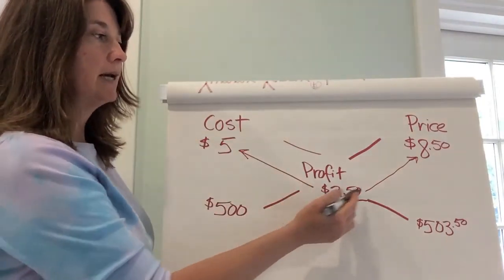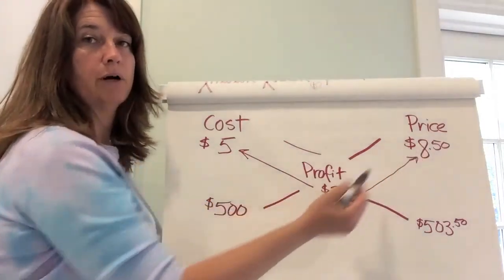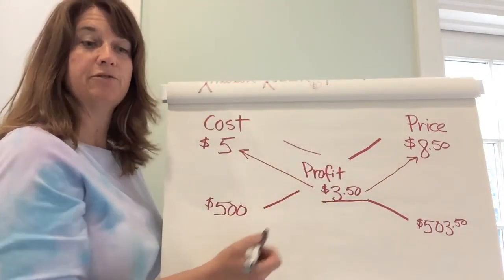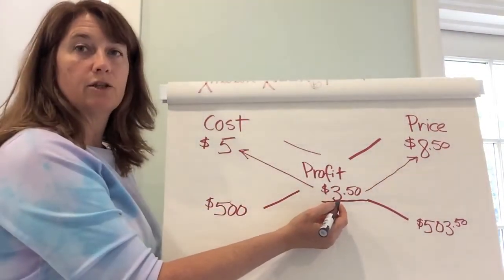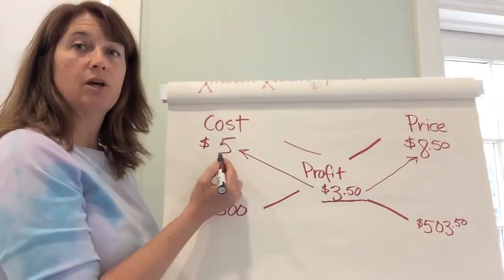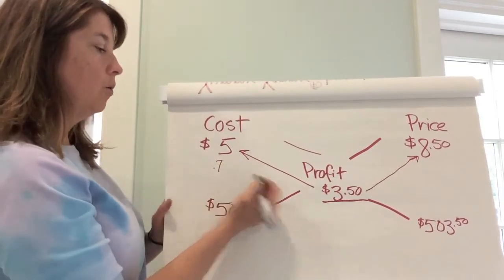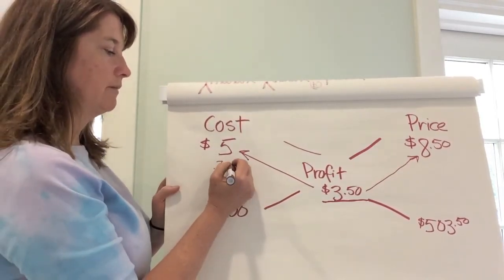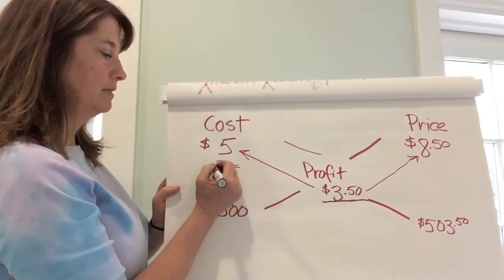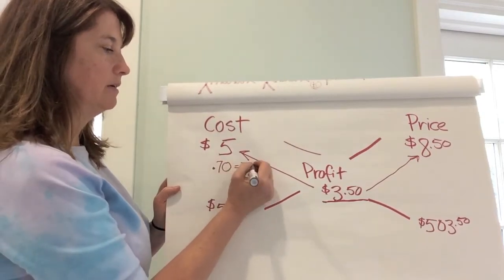If you express it as a percentage of a bigger number, you're going to get a different number. So if you express $3.50 as a percentage of 5, you get 0.7, or that's the same as 0.70, which is the same as 70%.